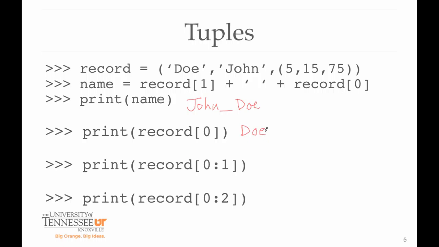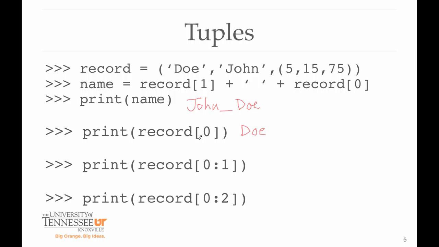Now the next one is kind of special because we're getting into that slicing capability, which we saw earlier for strings, but now we're doing it inside tuples. Again, the objects could have different types. So keep in mind what we said before about how slicing works with the starting position and then the boundary. Print record 0:1 turns out not to be the same output as print record 0. This is not a slice up there; that's just a particular object.